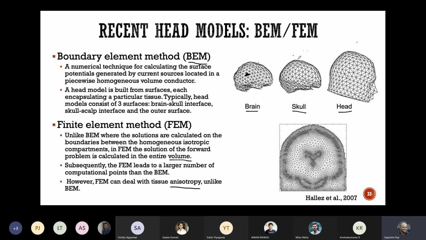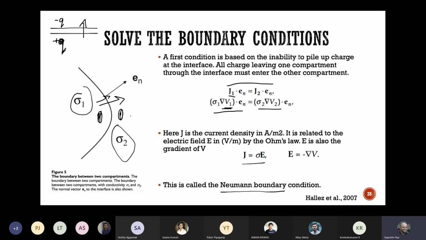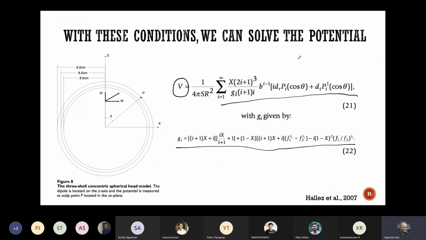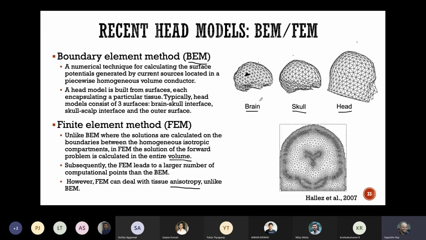So numerically, it's a very hard problem, but conceptually, you are just solving different surfaces. So conceptually, it's straightforward. Mathematically and numerically, it is hard. You need a computer to solve this. But conceptually, it's easy.